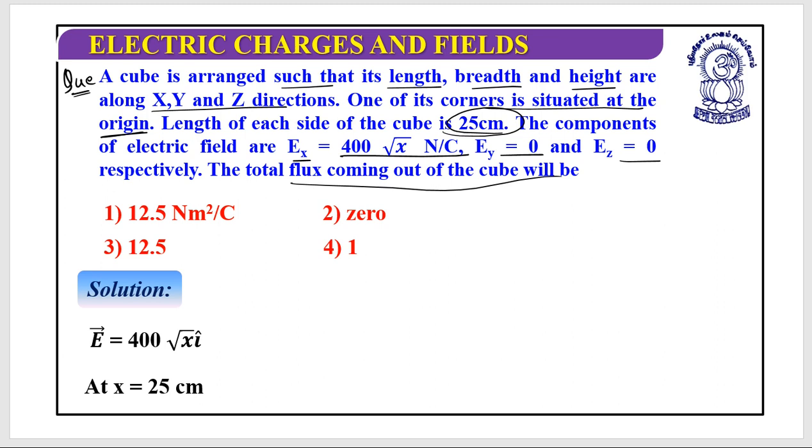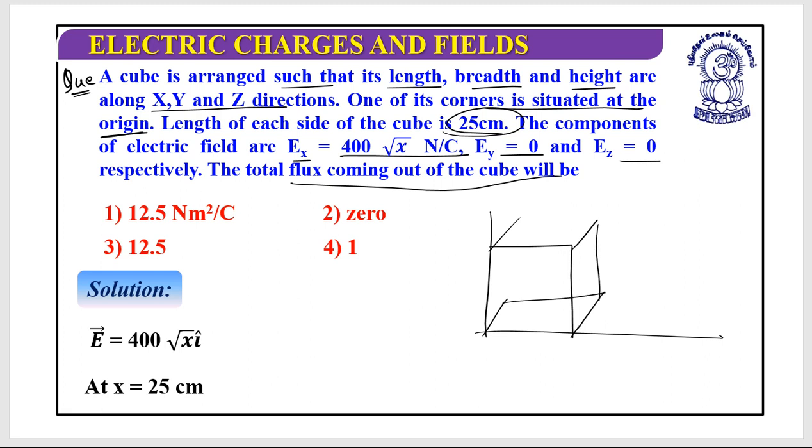So the situation is something like this. Let's say this is the origin and this is the cube. You need to find the total flux.